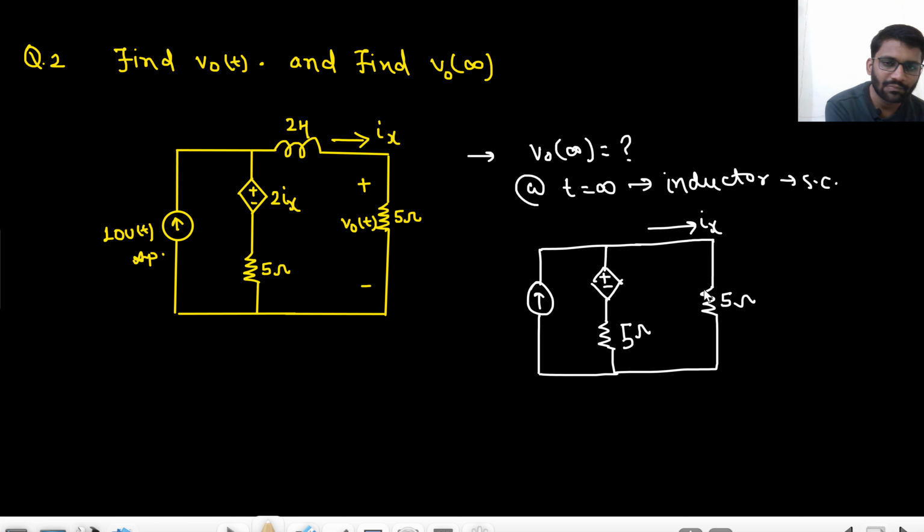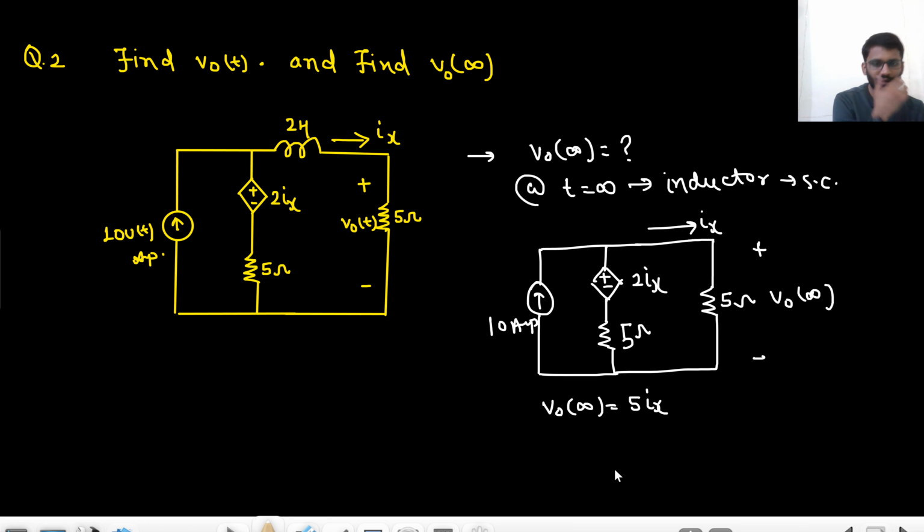This is 5 ohm and this is V naught of infinity. This is 2ix, right? And this is 10 ampere. You need to find the value of ix. Basically, if you find the value of ix, that would be good enough, right? Because V naught of infinity is 5 into ix, right?